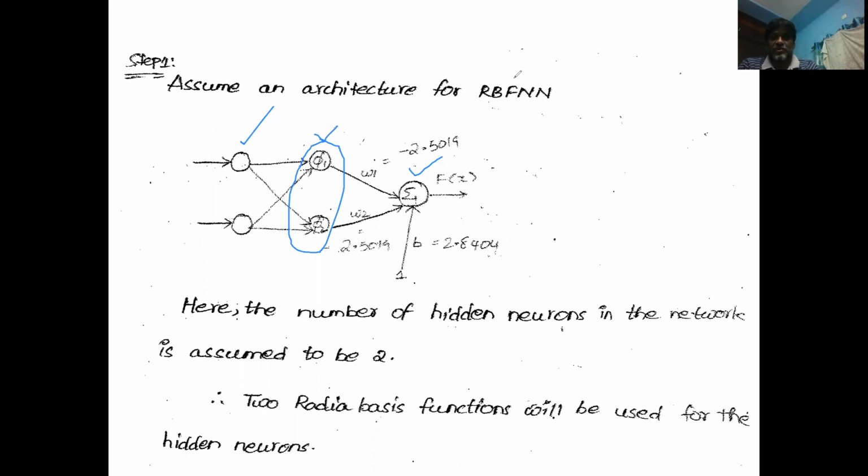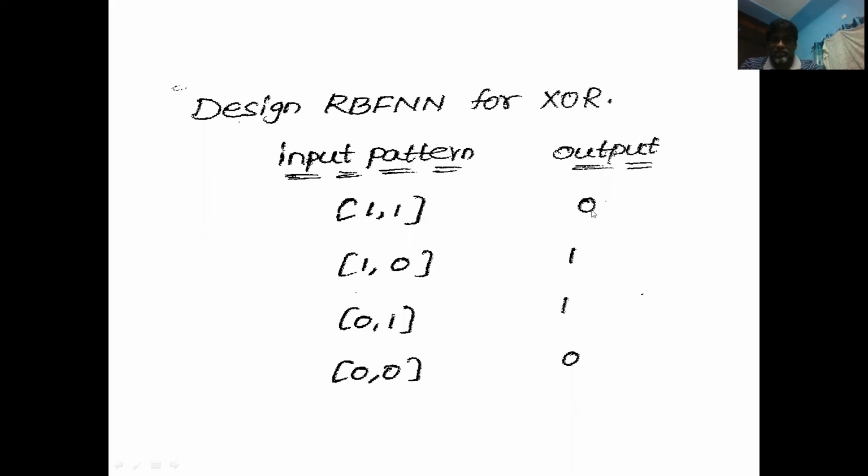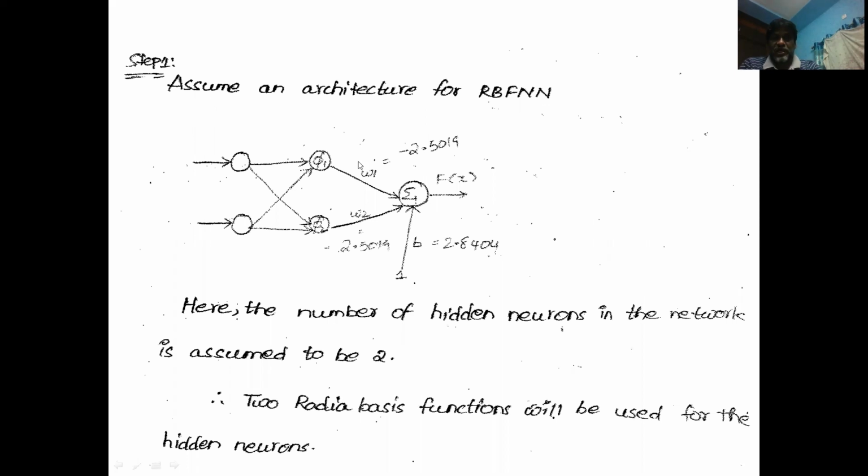So in our example, how many classes are there? As I explained in the XOR problem, there are two classes of outputs. One is 0 and the other one is 1. So we will take two neurons in the hidden layer. This depends on the number of classes to identify, and the input layer depends on the number of values in the input pattern.